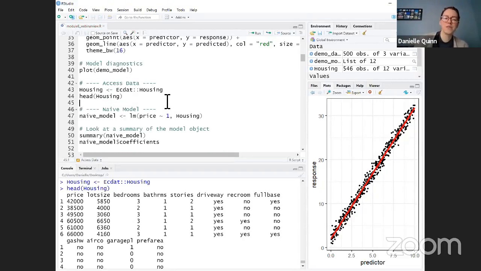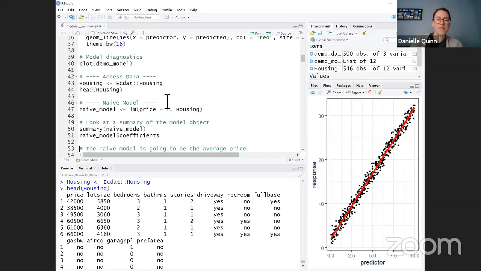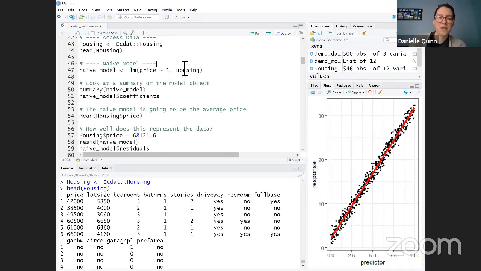So if we wanted to use this data and say we want to predict the price of a house that we want to sell, let's start with the absolute simplest model, which is the naive model. The naive model assumes that we have no other information, no predictors, and all we have is our known response variable. In this case, it would be as if we had this whole data set, except we only had the price column.